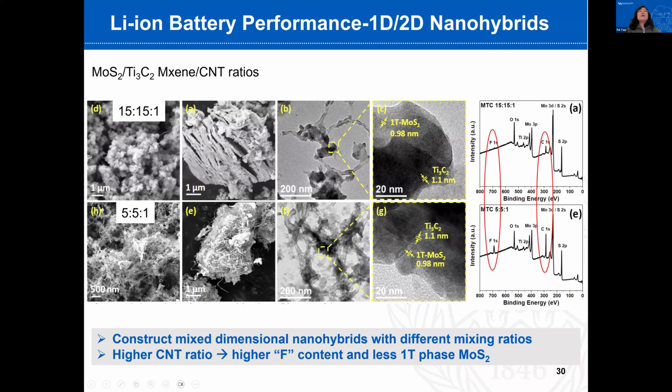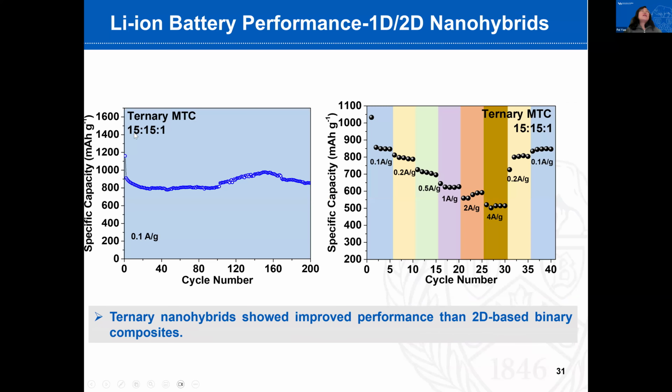So then we applied the relatively low CNT content ternary composite as a battery anode, and we can see the significantly improved capacity, which is around 900 up to 200 cycles, and very good rate performance, which shows a specific capacity of 500 milliamp hours per gram, even cycled at 4 amps per gram. So this indicates improved performance of the 2D material composite once you fine-tune the nanotube ratios.